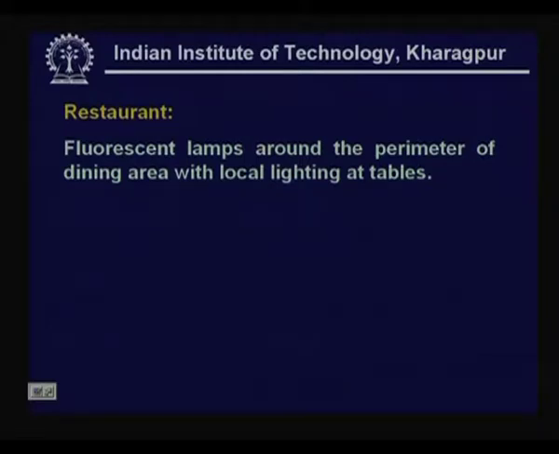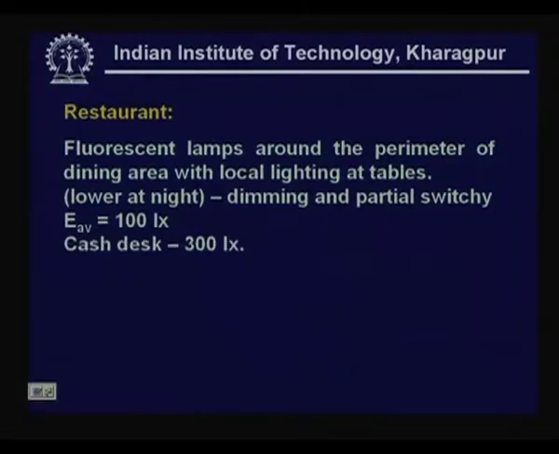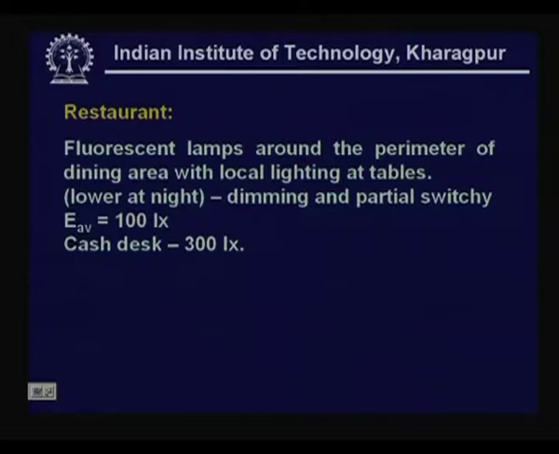In some restaurants, people would like to have dim or low level lighting all around with locally higher lighting so that you see what you are eating. Therefore, there should be provisions for dimming and switching, and to have dim light levels, the average illuminance specified is as low as 100 lux. However, the cashier needs good illuminance, so he may have a desk light which is around 300 lux.